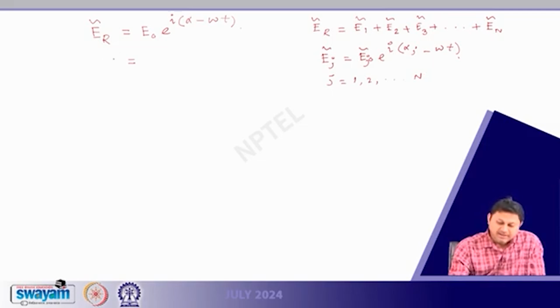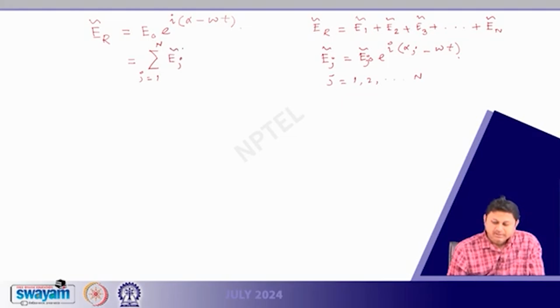So whatever way we write ER on the left-hand side, I can write it in this way. I can use a summation sign where j goes from 1 to n, and then the waves that we have. So this is Ej tilde. Instead of writing plus, I just use a summation sign.